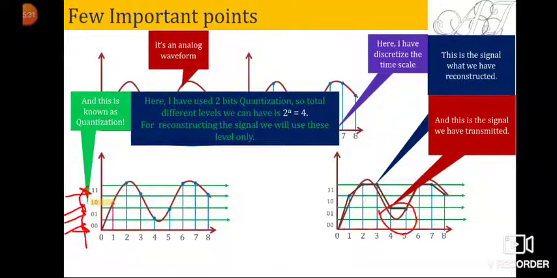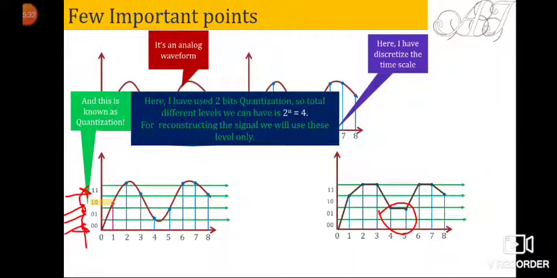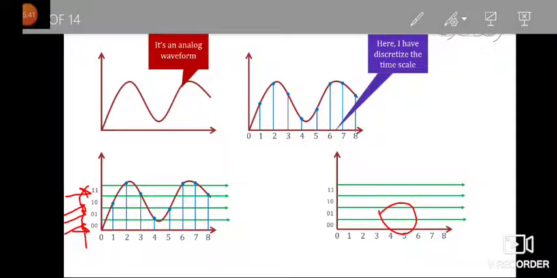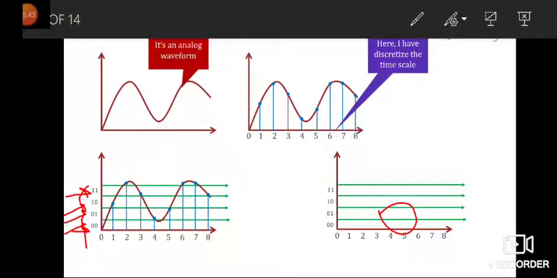So what can we do in order to improve the performance? For improving that, what if I choose a few more levels? Let's say here I would have got 8 different levels. So now here I have 8 different levels.